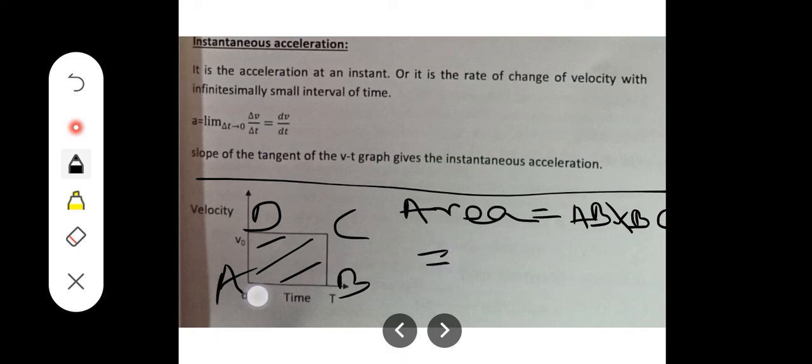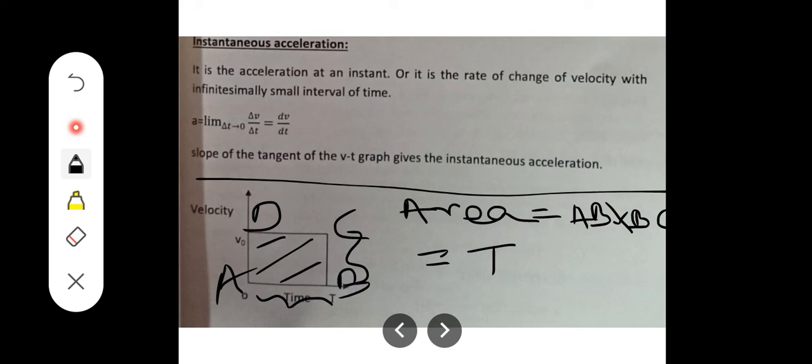AB, this length, is the value of time, isn't it? Total time taken, 0 to t. It was 0 initially, and then the total time taken is t. Suppose I take it as t, AB will be t, the time.